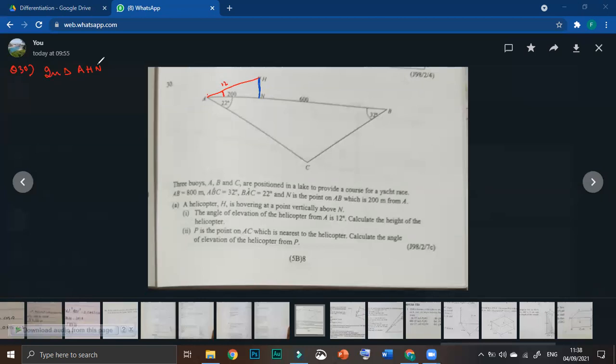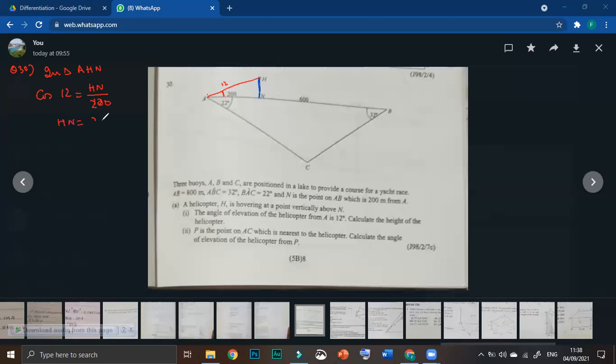And which trigonometric ratio will we use to find HN? Cos. Cos 12 is equal to HN over 200. HN is equal to 200 cos 12.